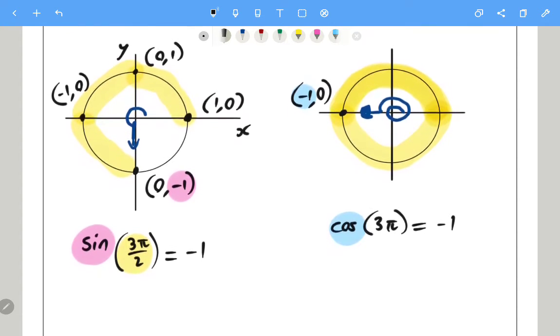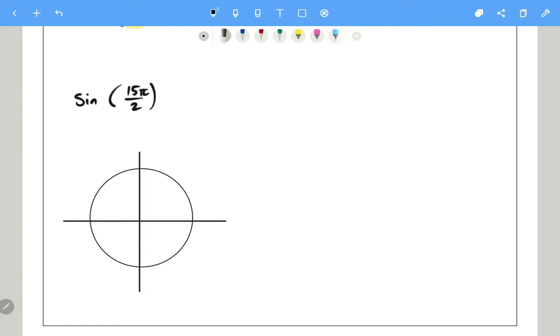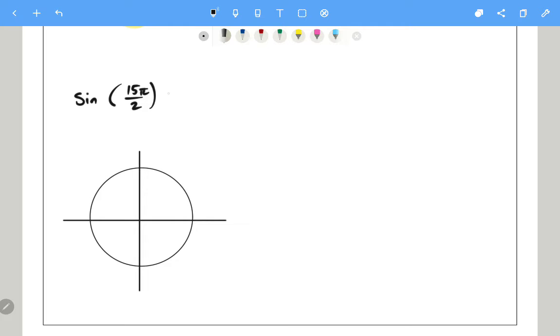Alrighty, so that's a quick introduction to reminding ourselves. If I wanted to do a larger rotation, let's have a look at that. Let's have a look at the sine of 15 pi on 2. Now the first thing I always like to do is draw my unit circle and then visualize what's about to happen. Now, 15 pi on 2 is a lot, and if I wanted to count this exactly, that would be quite challenging. So instead, I'm just going to subtract off 2 pi. Why?